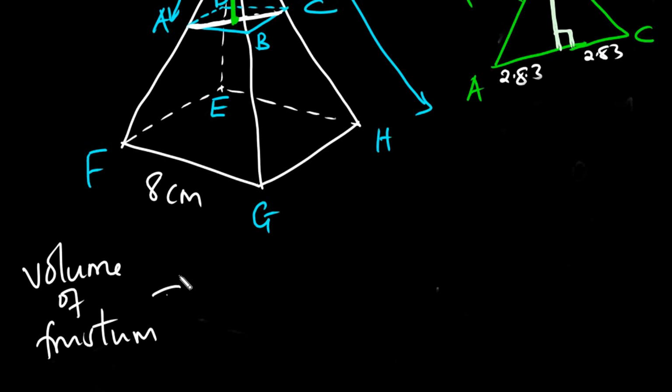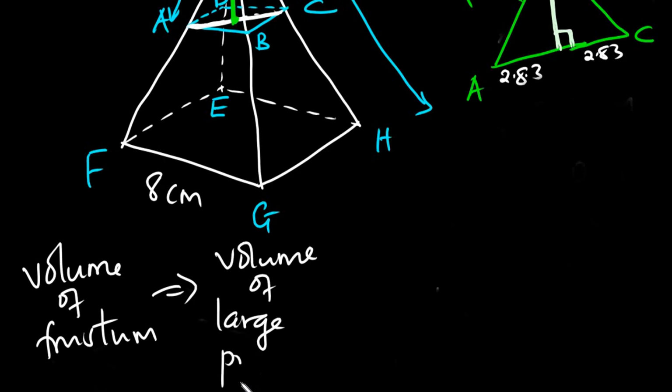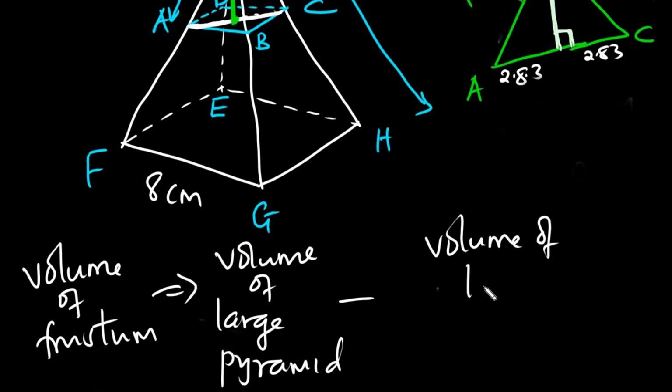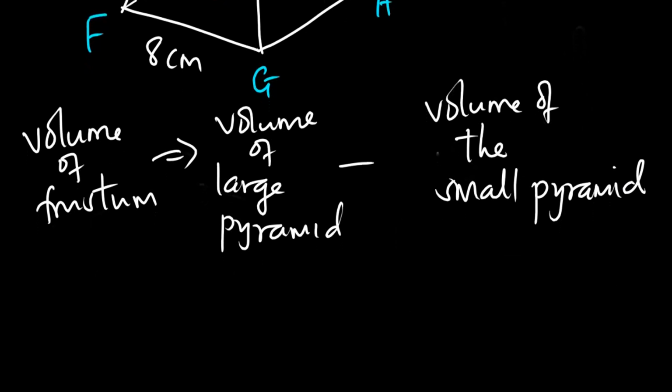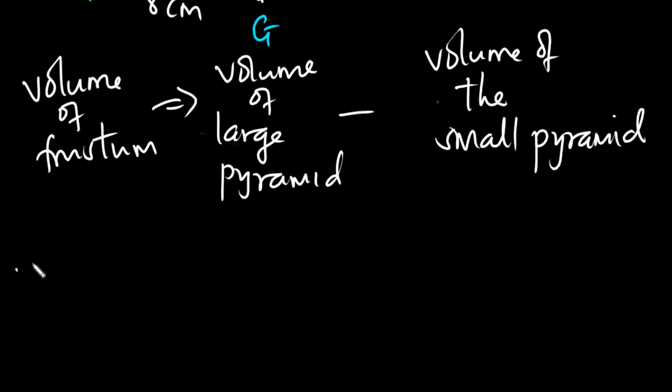We get the volume by taking the volume of the large pyramid and then subtracting the volume of the small pyramid, the pyramid that was cut off. So let's start by calculating the volume of the large pyramid.